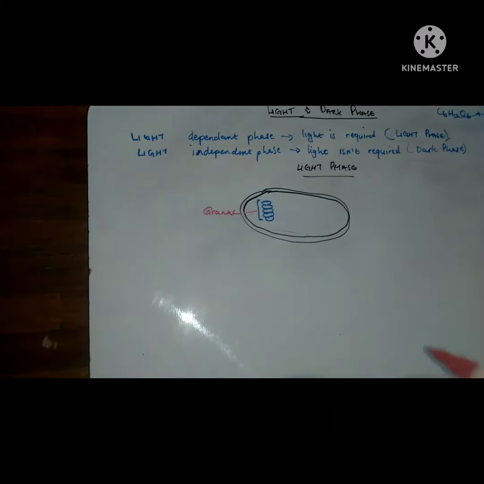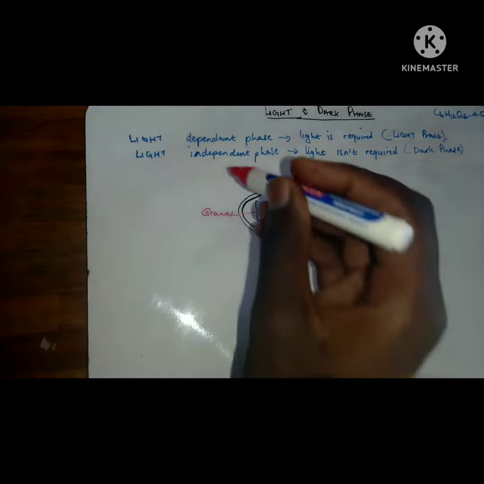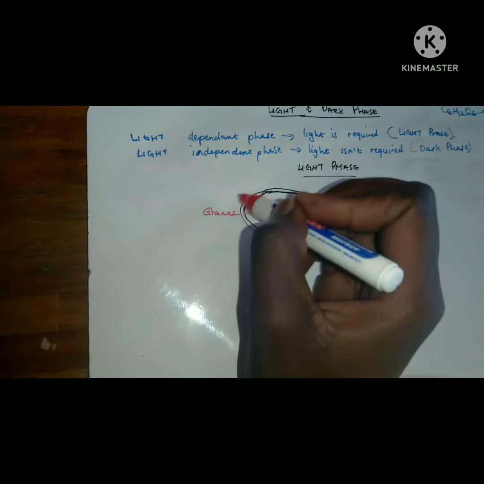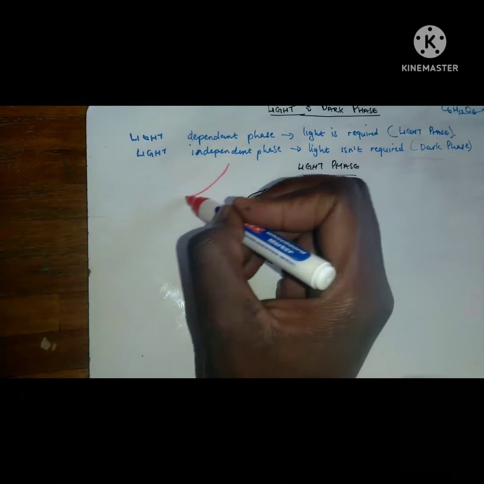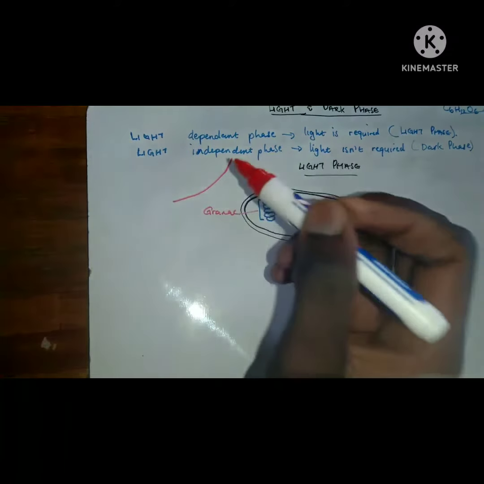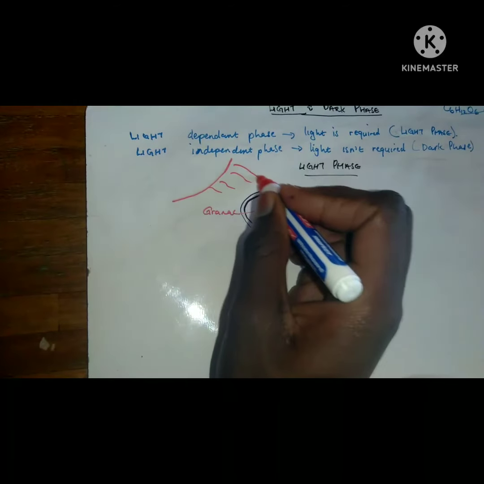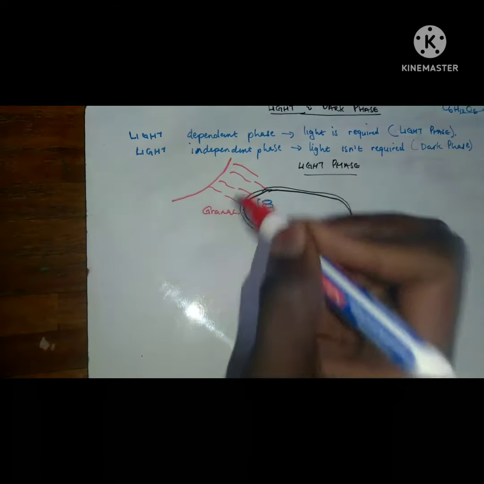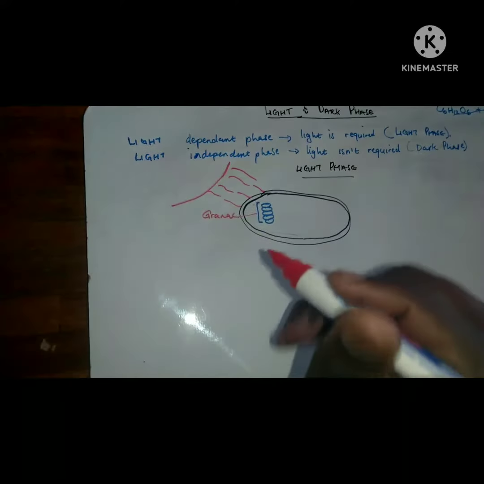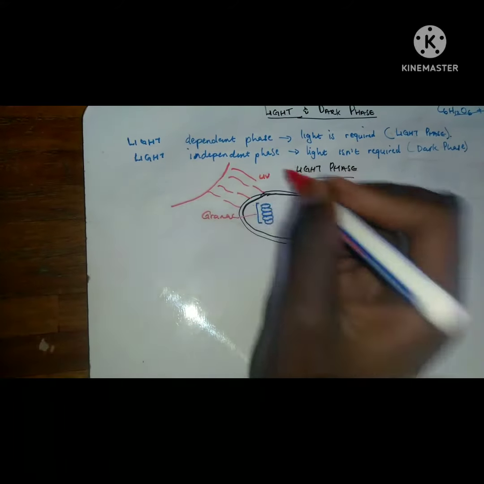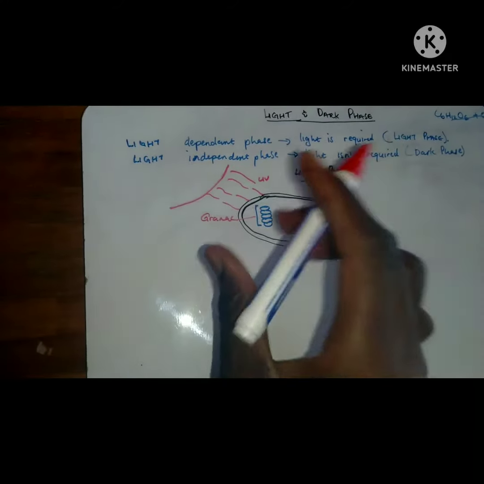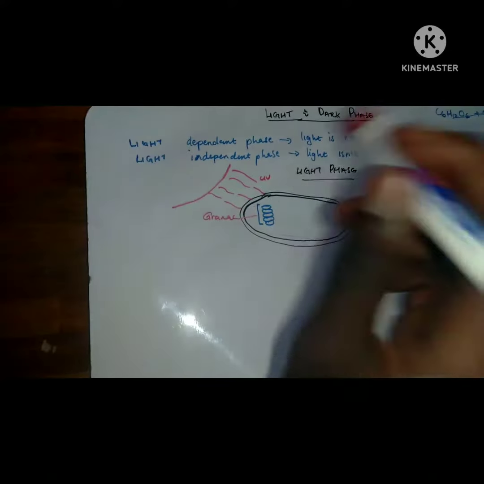Let's look at how it happens. So the light phase depends on light. Definitely we must have a light source, and our main light source here on Earth is the sun. So here is the sun, releasing rays towards the chloroplast. So the sun releases ultraviolet rays towards the leaf, and then the leaf towards the chloroplast.